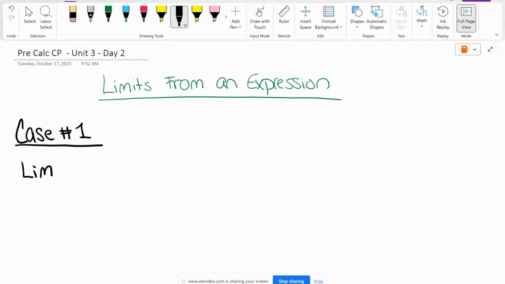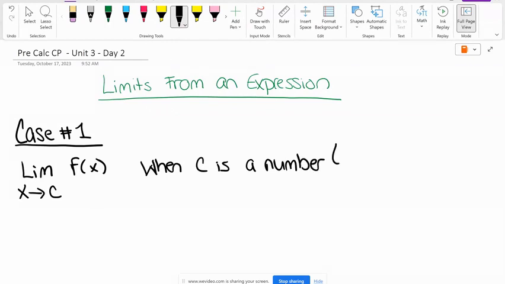If the limit as x approaches some number c of f of x, and this is when c is a number, not plus or minus infinity. So when c is a real number.